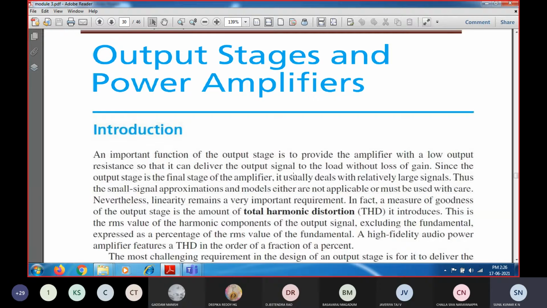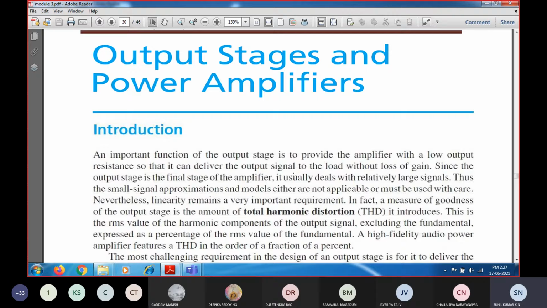The BJT and the MOSFET we have considered are not capable of driving the load directly, because the load needs a high power signal, not just a current or voltage signal. So at the output stage we use large signal amplifiers, power amplifiers, in order to drive the load.